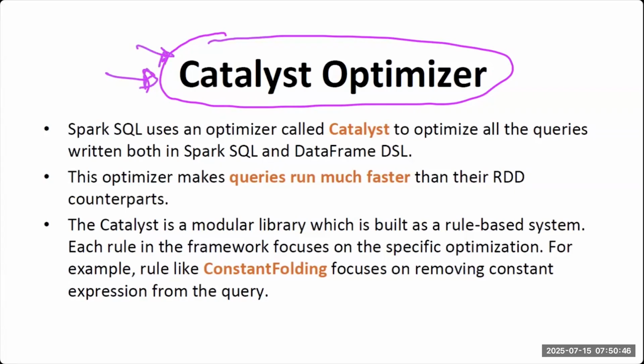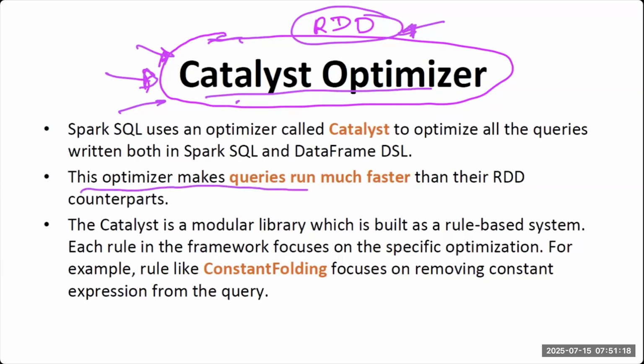But this optimization is not done on the RDD. If you run any code on the RDD, the catalyst optimizer won't come into the picture. Code you write in Spark SQL is optimized using the catalyst optimizer, but if you write code in RDD, you yourself have to optimize everything.